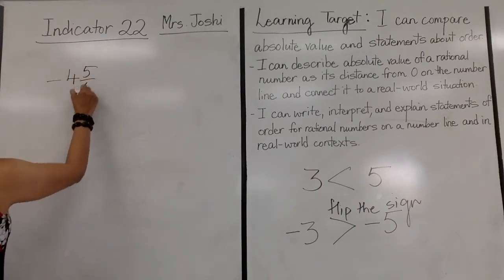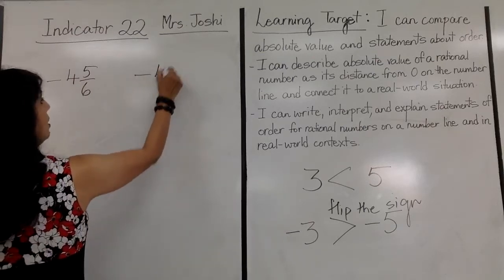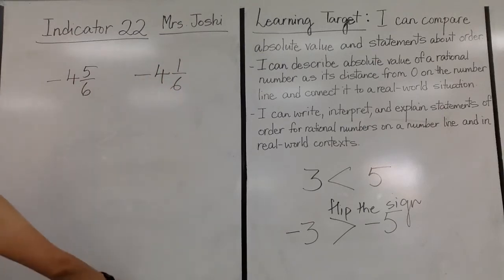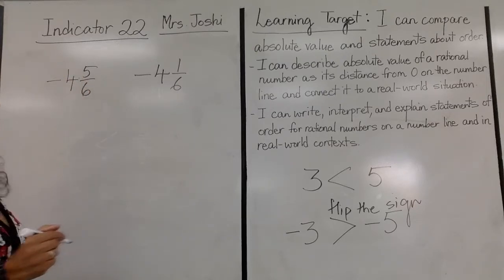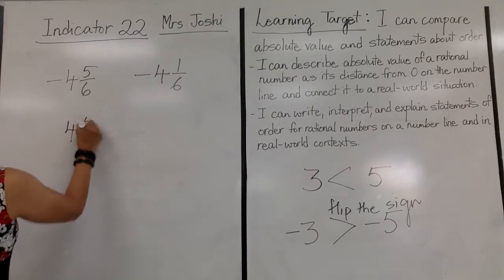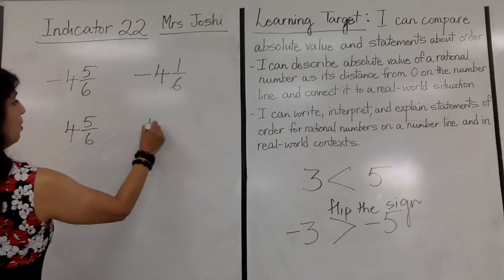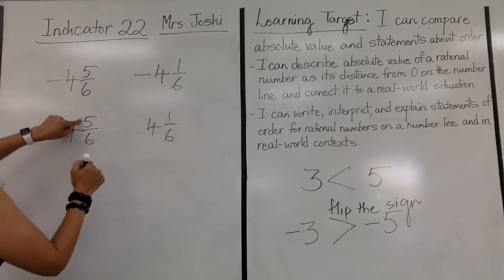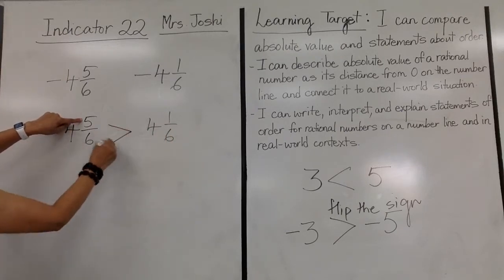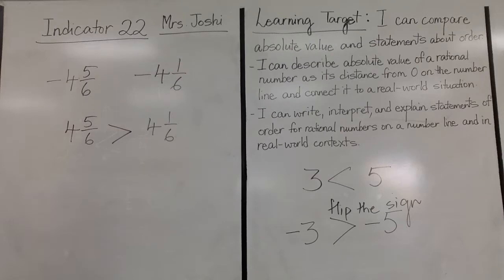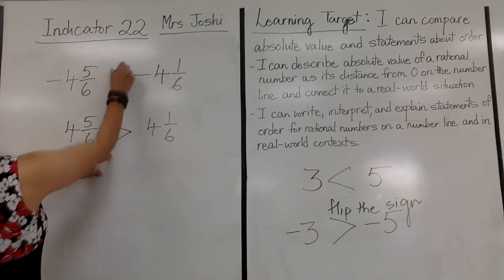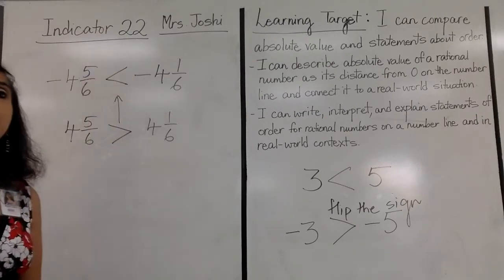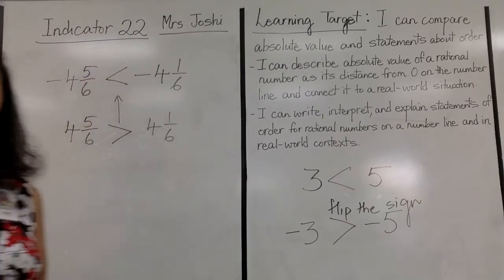If it was positive numbers, this would be 4 and 5/6, and this would be 4 and 1/6. Since this numerator is greater, this would be greater. Now since they are both negative, look what happens. Again, flip it, and we have -4 and 1/6, which is greater.